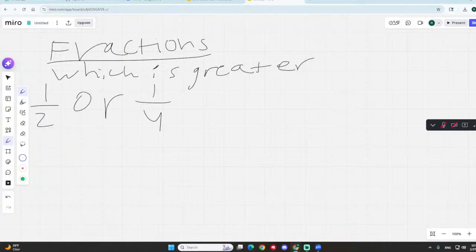So which number is greater, 1/2 or 1/4? Note down your answers and then we'll go over it.